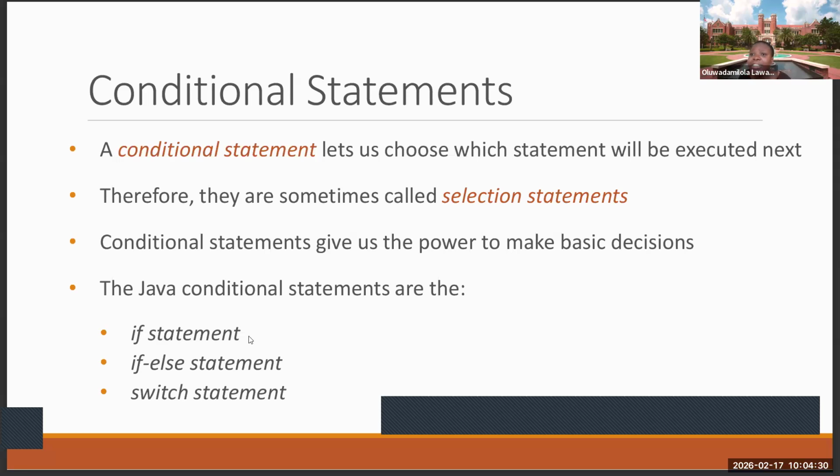The if-else is a two-way statement, telling the compiler, if this is not met, then else, let's see if this is met. And the switch statement, we call it the multiple if statement. So you have more than two choices. Any question?